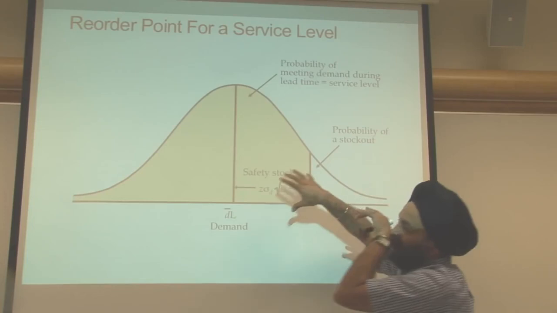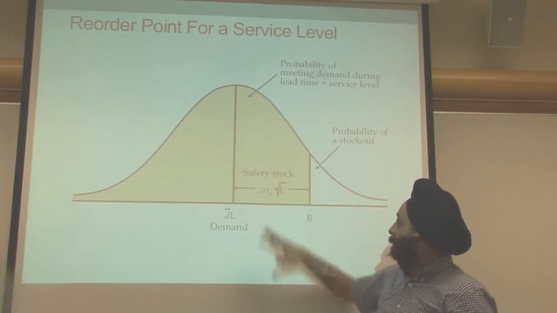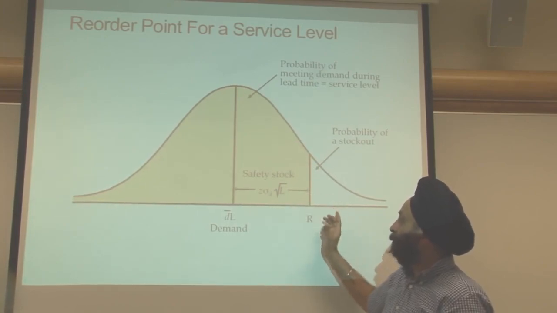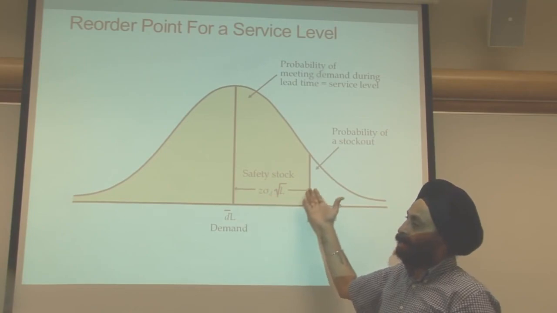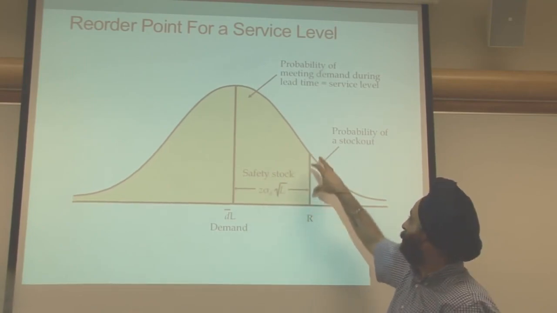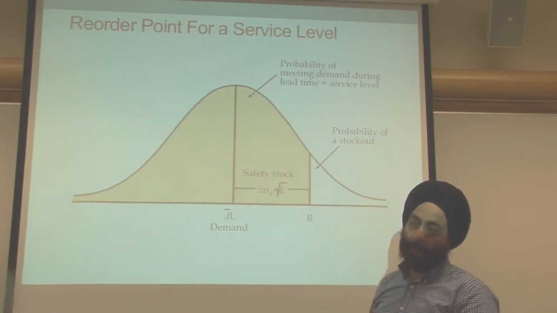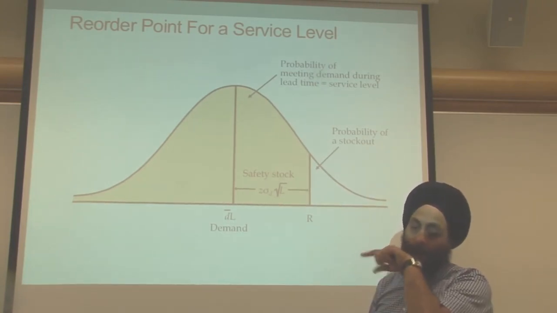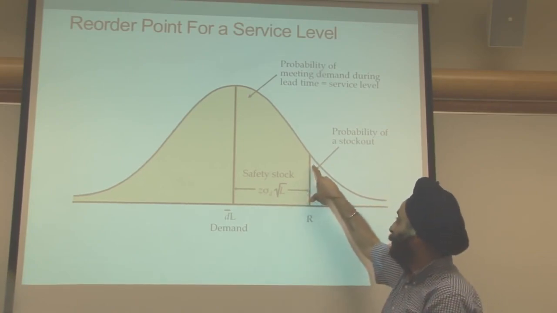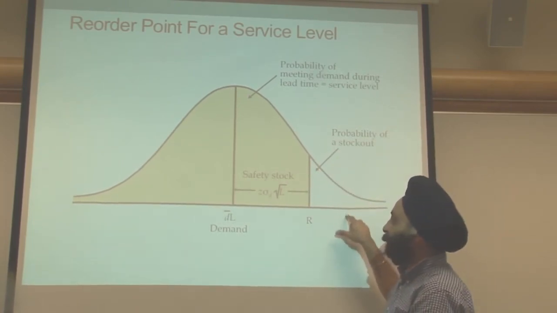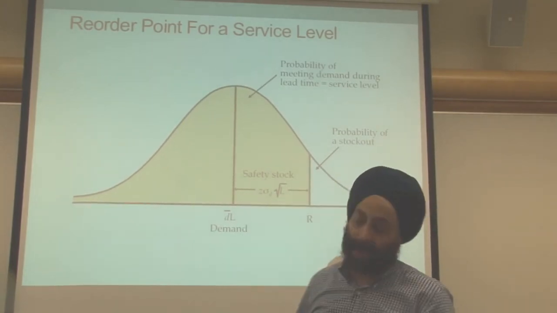If we say 95% of the customers should be satisfied with the demand, that 95% gives you this particular Z value on a one-sided Z test. The remaining 5% becomes the probability of a stockout. Or some companies may say 95% is not good enough, we need 99%. So they go to a higher Z value, and accordingly they end up keeping higher safety stock.